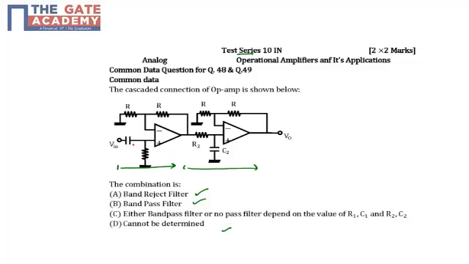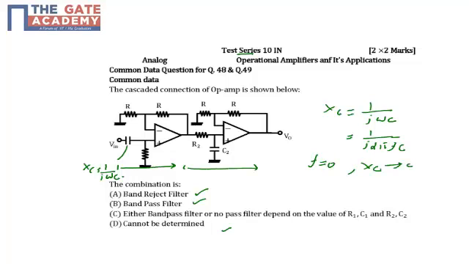You can see that in the initial stage, we know that the capacitor has a reactance Xc of 1 upon j omega C, where omega is 2 pi f. So if I put the value of f equal to 0 or some very small value, my Xc tends towards infinity, because 1 by 0 is infinity.